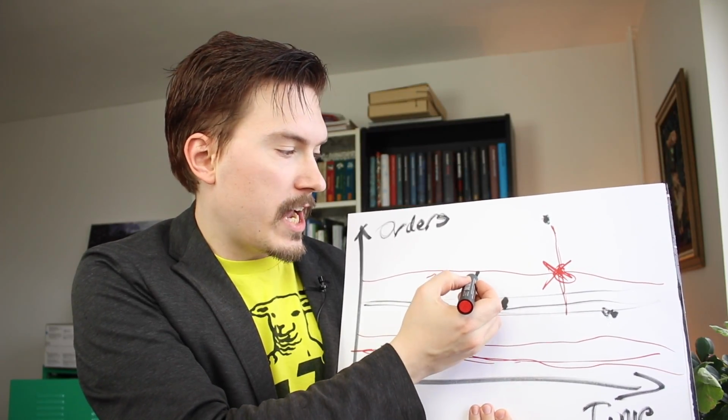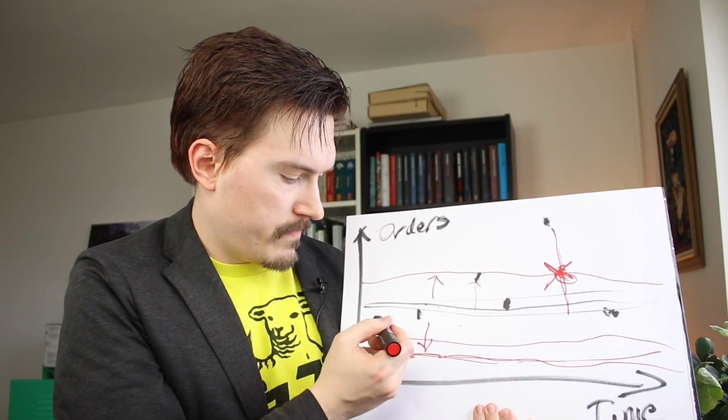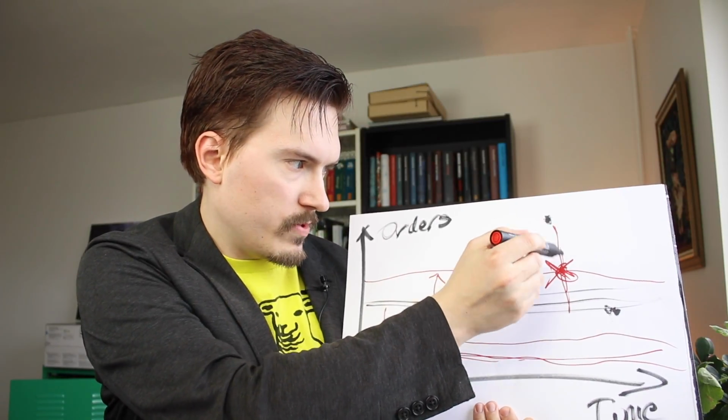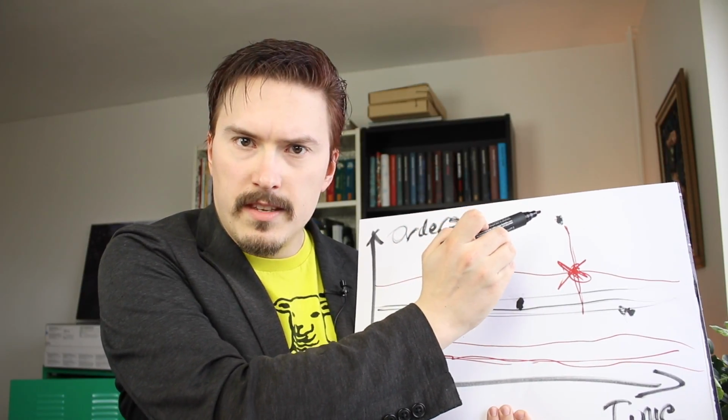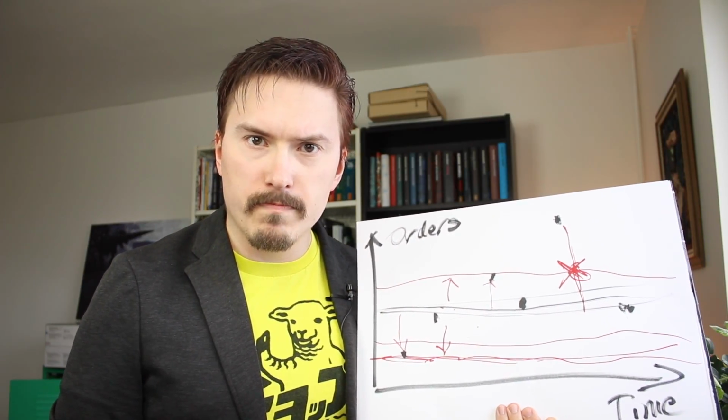So this one is okay because it's not too far away from them, but this one, we know that, oh, it's over the standard deviation. This is suspicious. We should throw an alert.